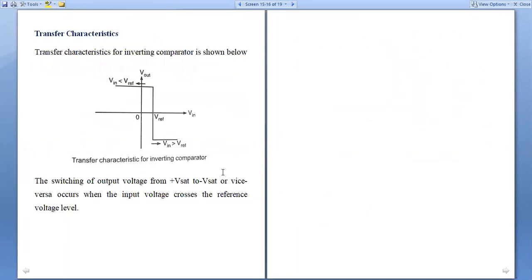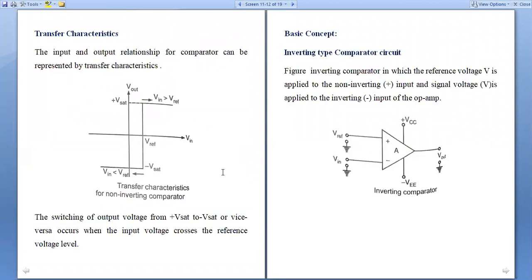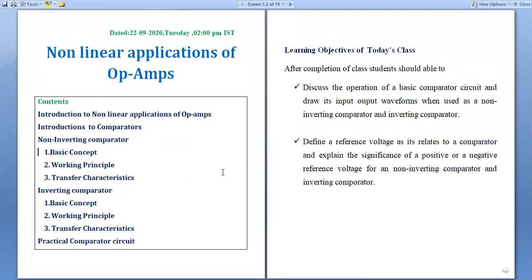In today's class, we discussed the basic operation of comparator circuits, and we analyzed the input and output waveforms of a non-inverting comparator and an inverting comparator.